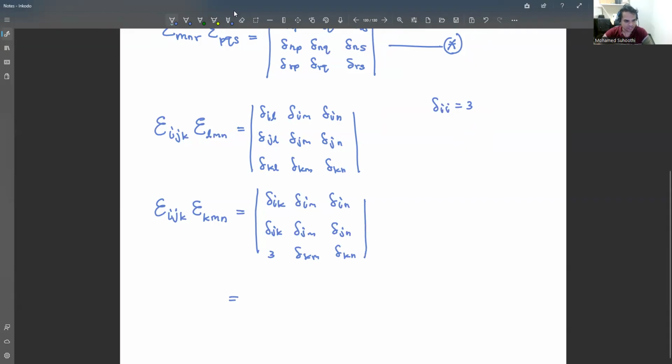Now I can simplify this determinant, right? Delta IK, the first row, these two: delta JM, delta KN minus delta JN, delta KM, right?